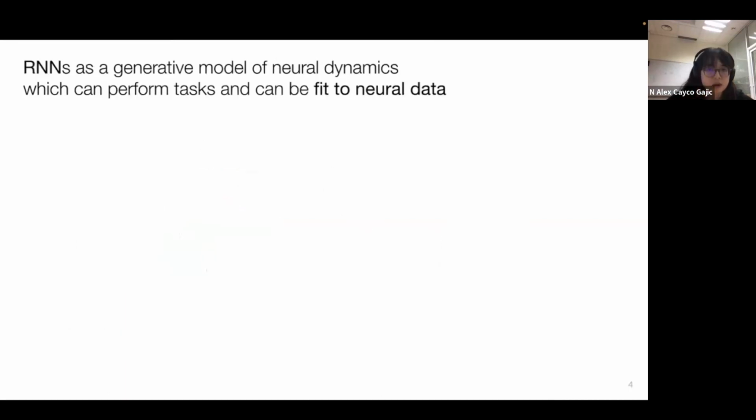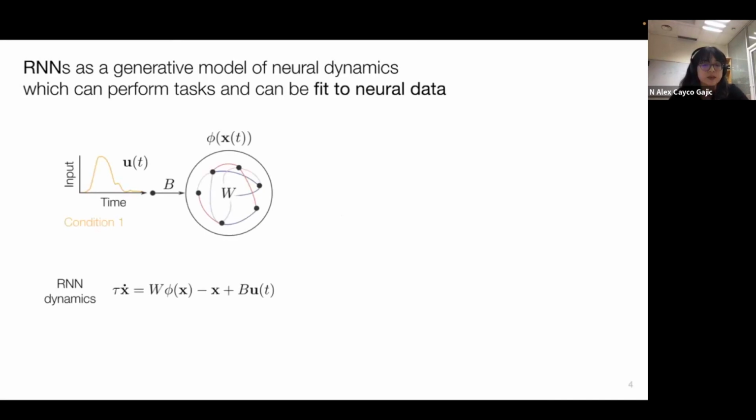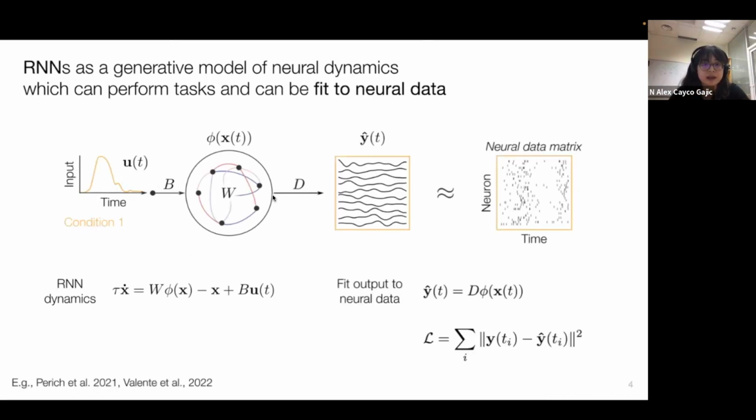So RNNs, of course, are often trained to perform tasks, but you can also use them to fit neural data. So you have some generic RNN that receives some input U of t on a particular condition that's fed in through some weight matrix B. And instead of having a linear readout that is some variable that's performing a task, we have a readout that is approximating the neural data matrix, or in a couple of slides, it'll be a tensor.